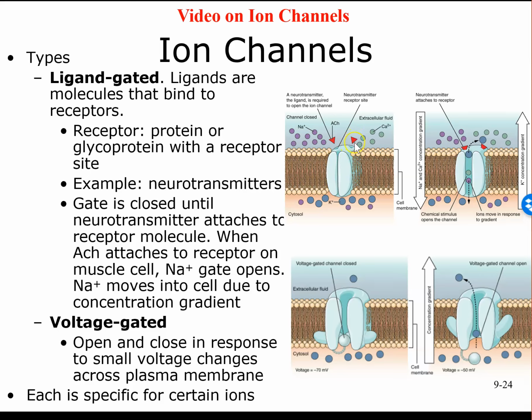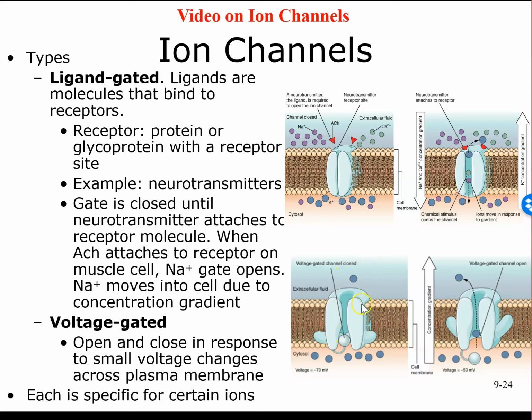So in this case, for muscle, acetylcholine will bind to this ligand-gated channel. And when it does bind, that will cause that channel to open. And when it opens, sodium will flow through and cause the inside of our muscle to become more positive.